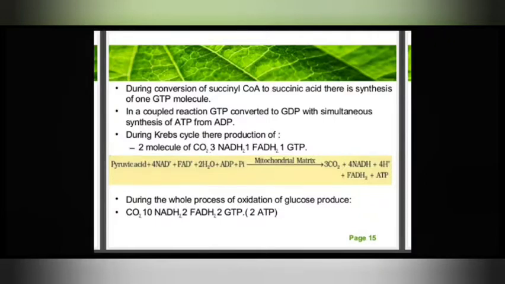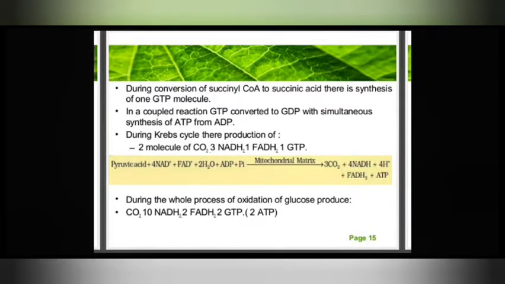Here pyruvic acid reacts with 4 NAD and 1 FAD. Also there is utilization of 2 H2O and ADP. This all takes place in the mitochondrial matrix. It results in production of 3 carbon dioxide, 4 NADH, 1 FADH2 and ATP.